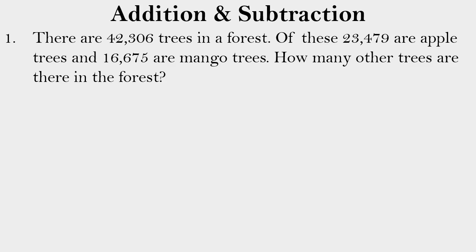Now, before I start this sum, let me ask you a question. When you go to a shop and you buy at least 3 or 4 items, maybe dal, maybe rice, some eatables, you take all your items either in a bag or in a cart, or you tell the shopkeeper the list that you want. After you have collected all your items, you take it to the counter to make the payment.